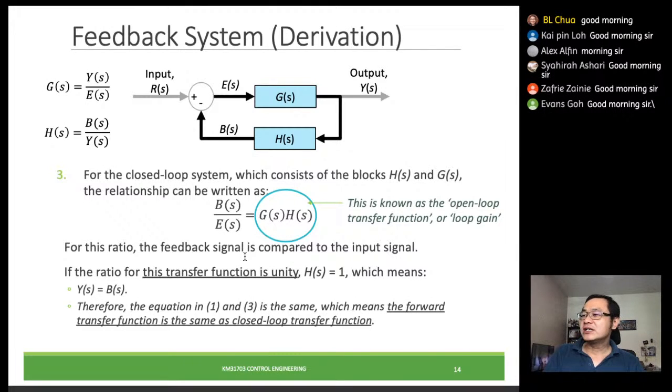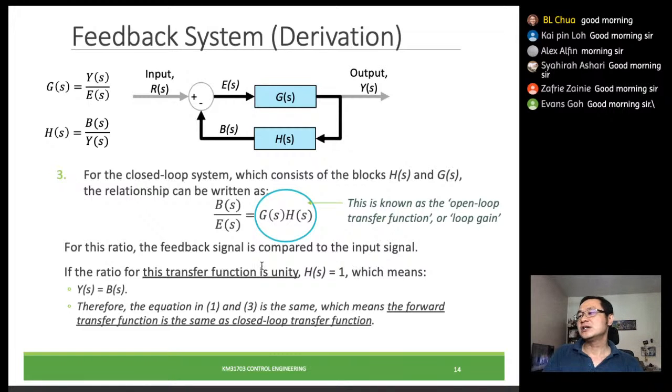Eventually, if this H doesn't go through any transformation or gain or block diagram, and we just tap this signal and feed it back, we call that unity. When the transfer function for the feedback side, this H, is unity, we put H equals 1.